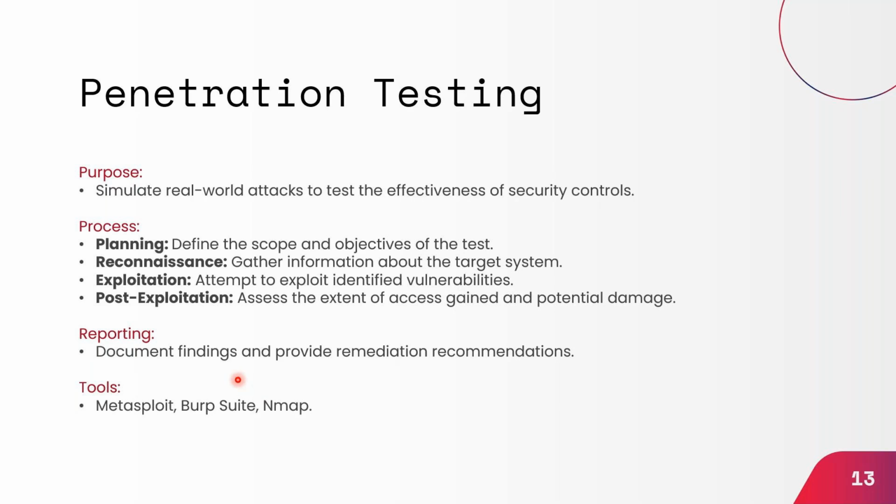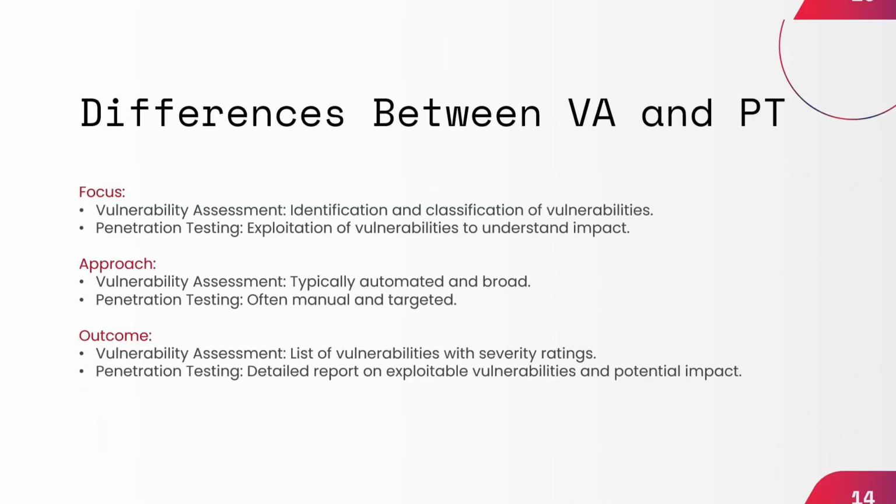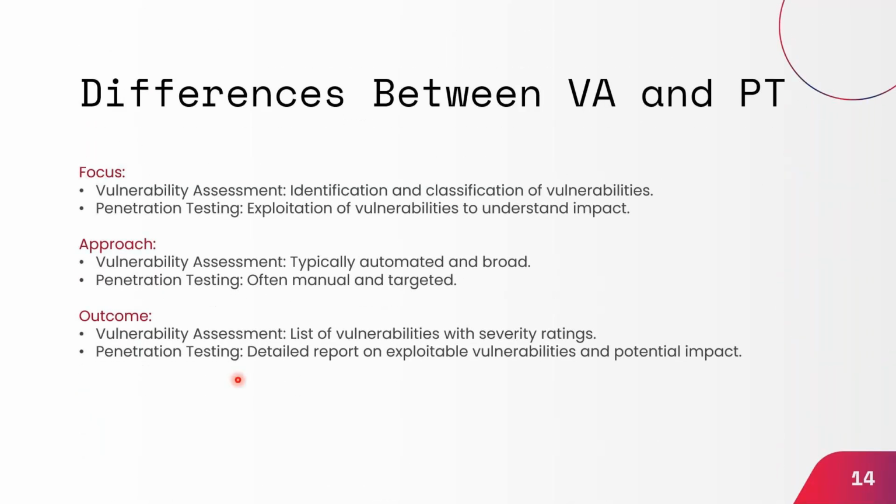So this is all about the penetration testing process. And what is the difference? By this time you could have understood the difference. When it comes to vulnerability assessment, it is identifying and classifying. When it comes to penetration testing, we exploit those vulnerabilities to understand the impact. The approach for vulnerability assessment is an automated approach.